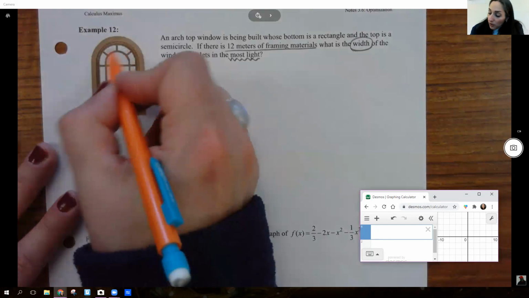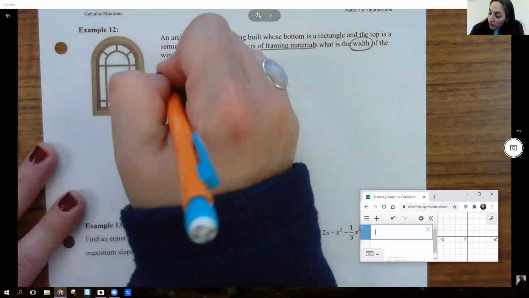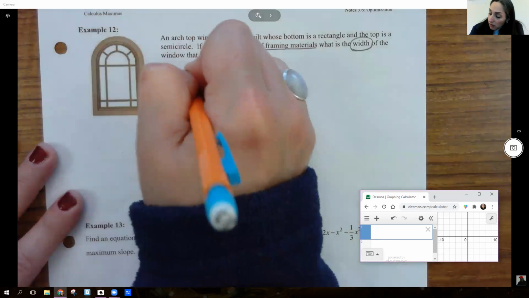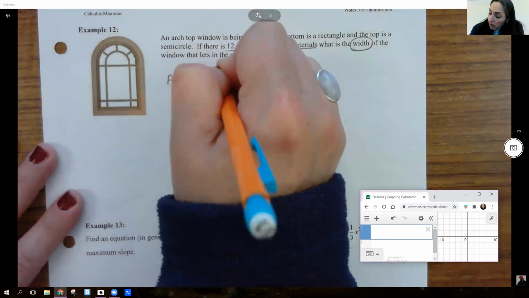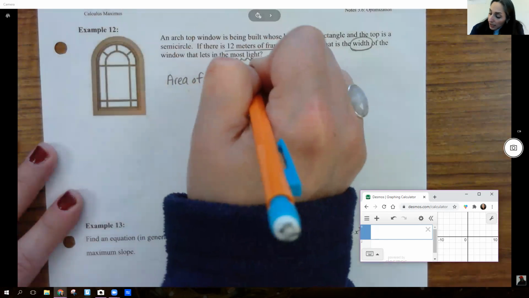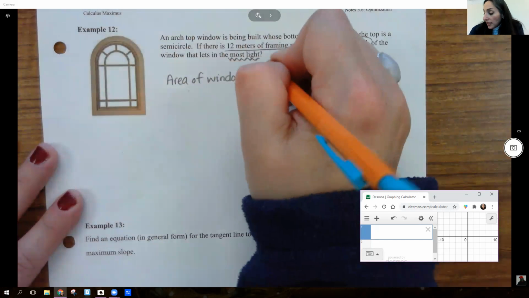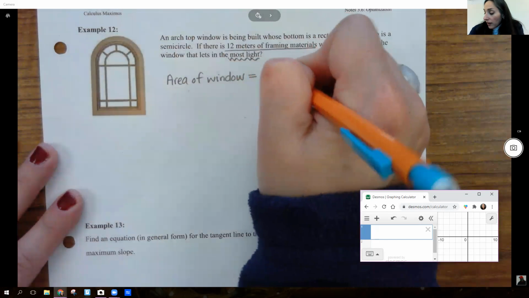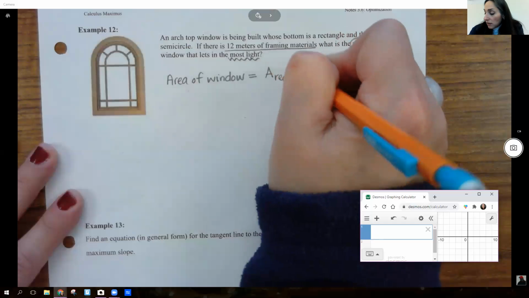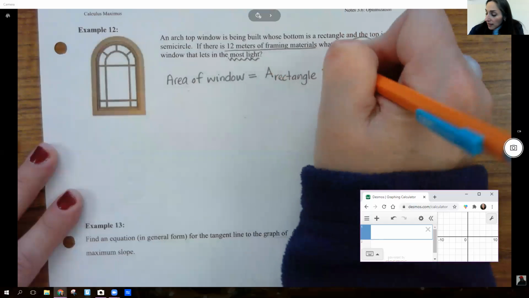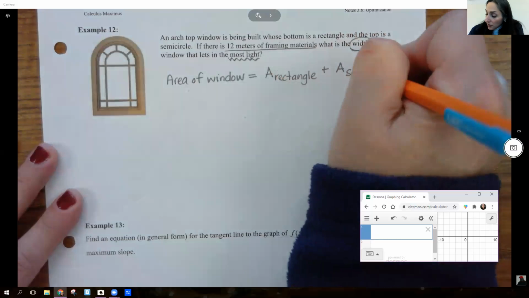So this window is made up of, the area of the window is made up of the area of a rectangle plus the area of a semicircle.